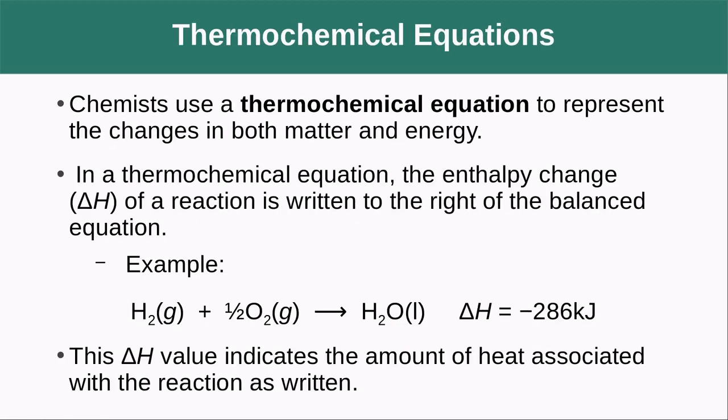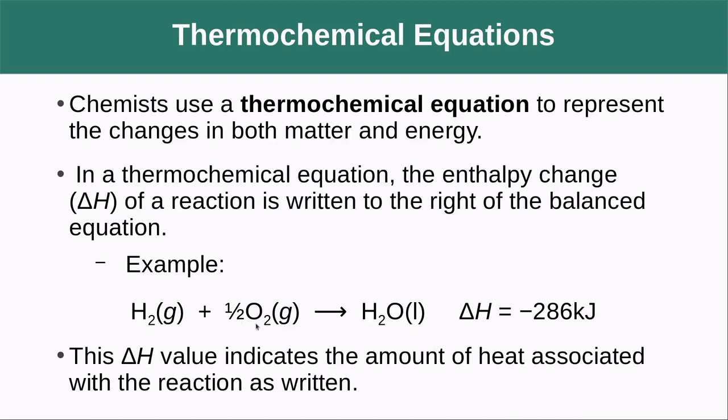So, thermochemical equations. Basically, this is the same kind of equation that we've been using before, only now we're going to add the change in enthalpy during that process at the end. We're always going to write it like this.